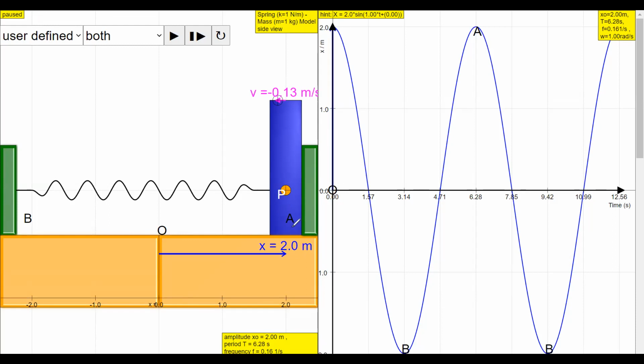In our case, our maximum displacement is this one, and the symbol for amplitude is A. In our case, our amplitude is equal to 2 meters. If we measure from point A to point B, this is what we call our range.